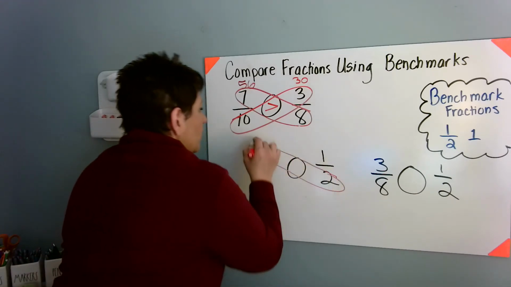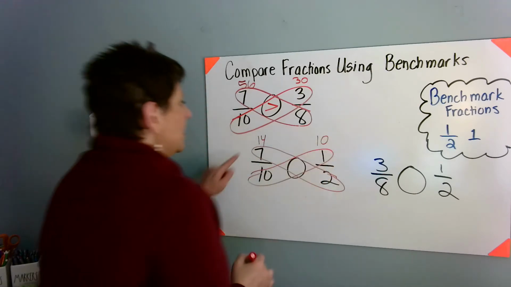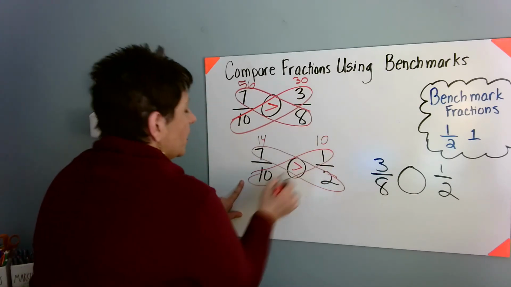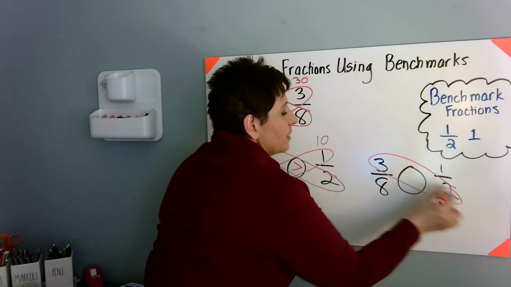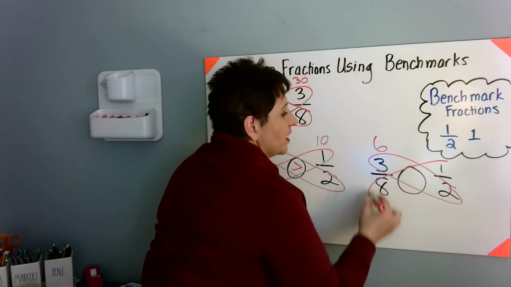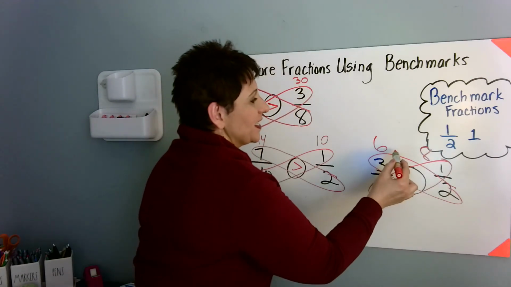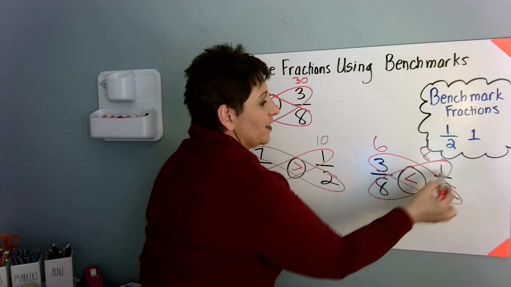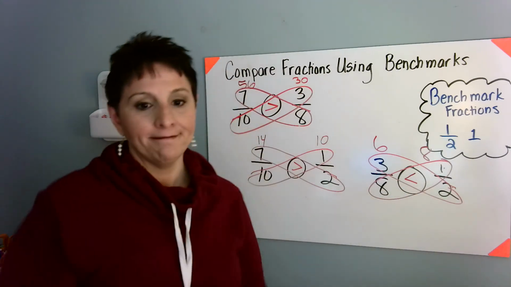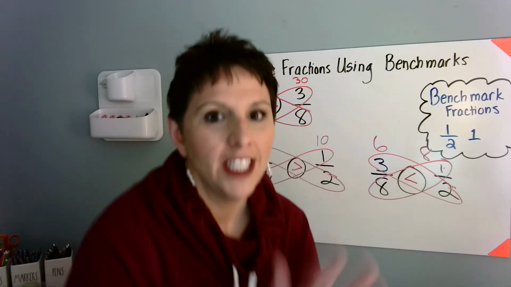Look at that trick. 7 times 2, 14. 1 times 10, 10. 7/10 is greater than 1/2. 3/8. 3 times 2, 6. 1 times 8, 8. 6 is less than 8. Therefore, 3/8 is less than 1/2. Pretty simple. Shh. Don't tell anybody I showed you that.